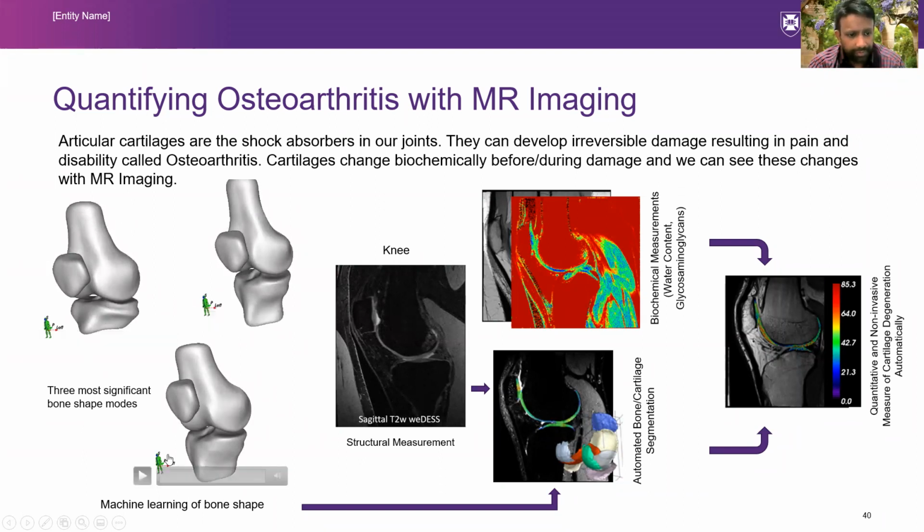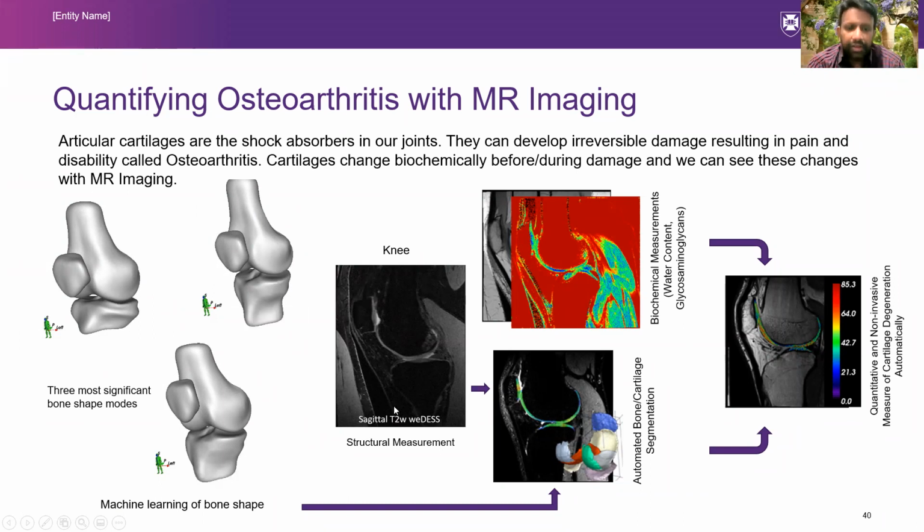The patella moves around. So you can see the patella, which is your kneecap, moving up and down. And we've used machine learning of bone shape to try to quantify what the shape looks like using triangulated surfaces and PCA. I'll talk about that.